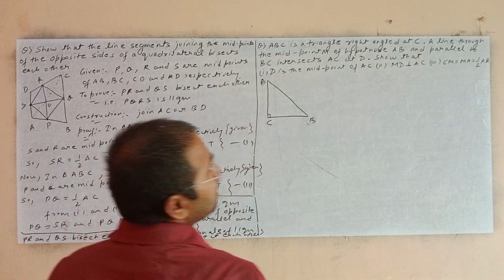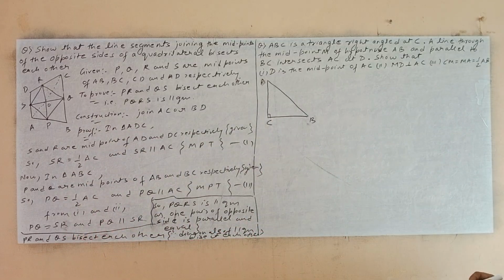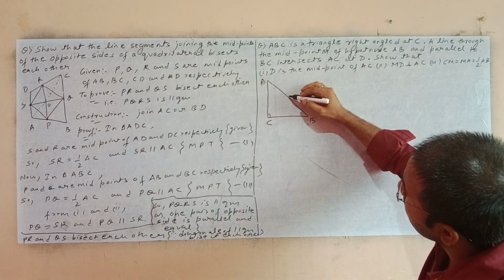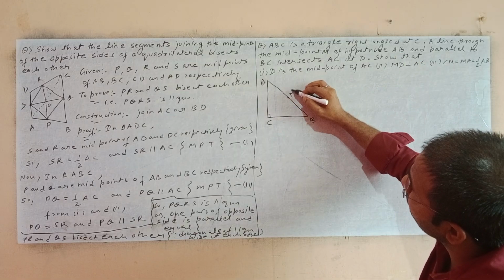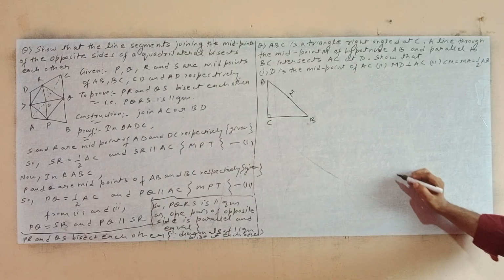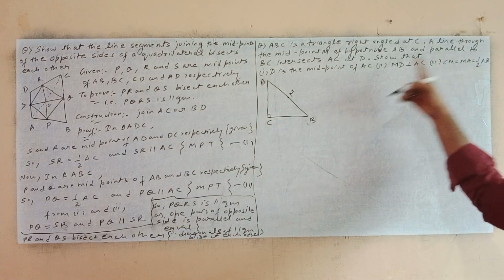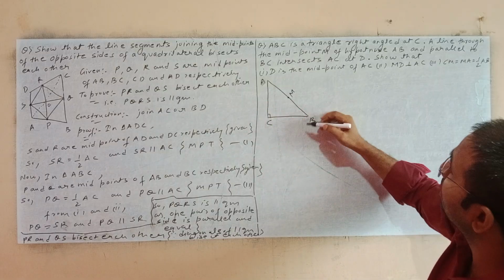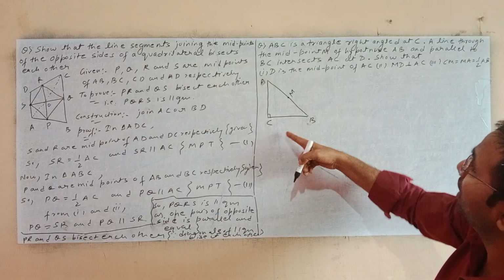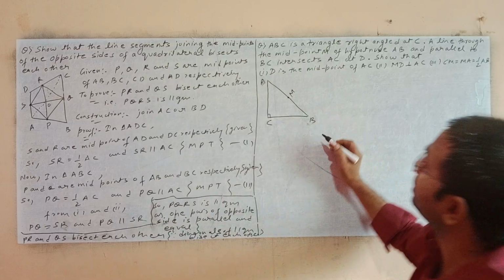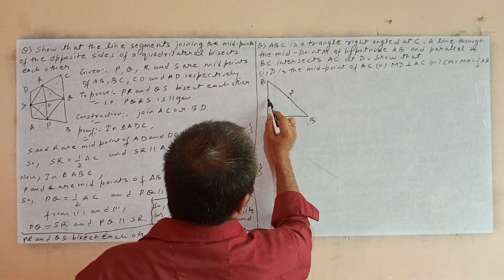A line through the midpoint of the hypotenuse AB. M is the midpoint of AB. So a line through it, parallel to BC, meets AC at D.